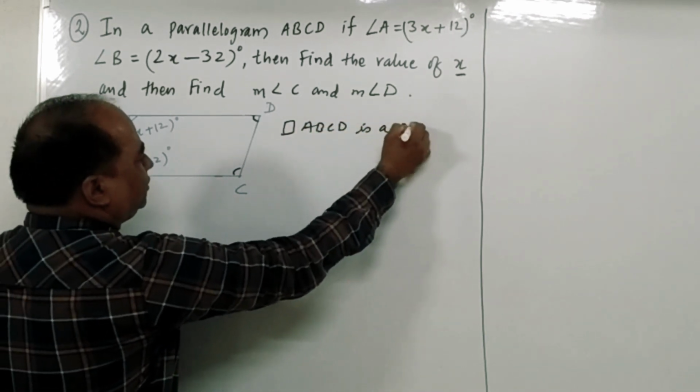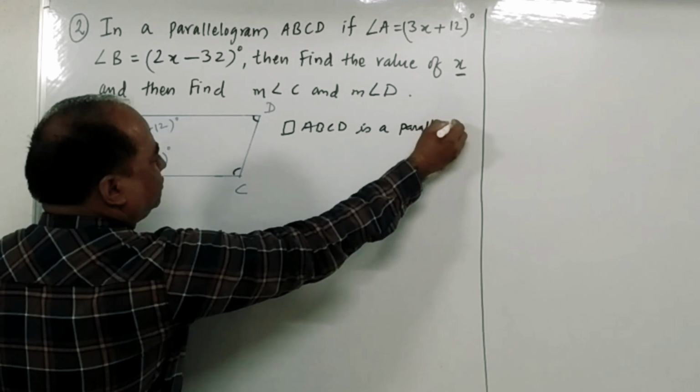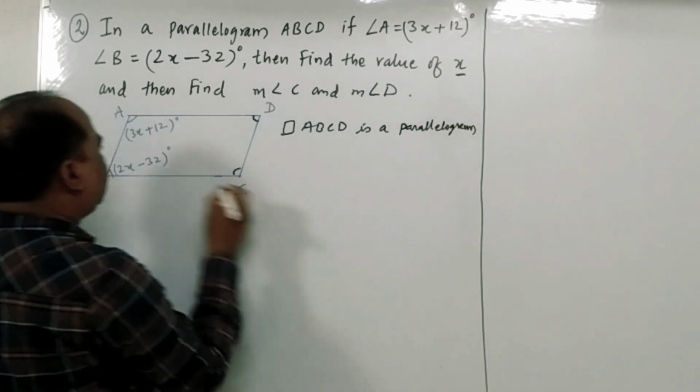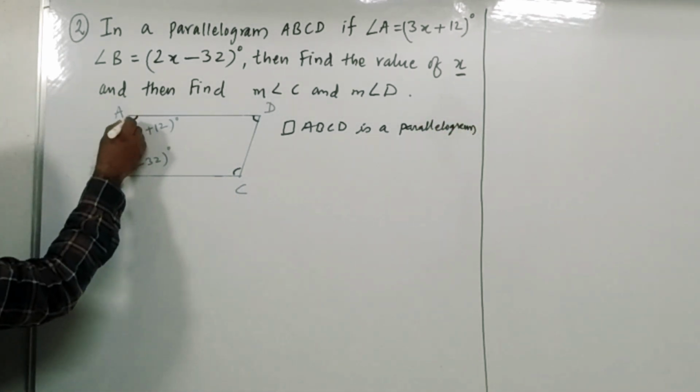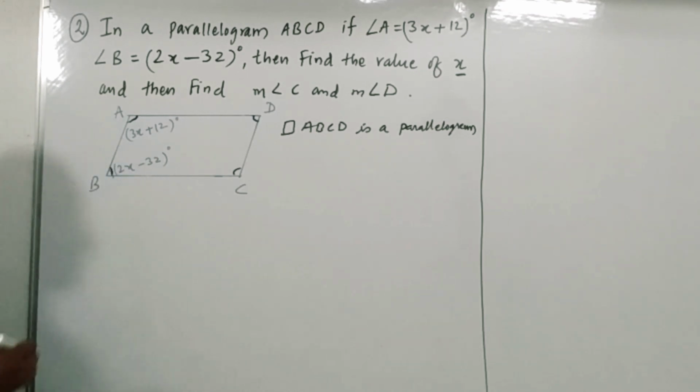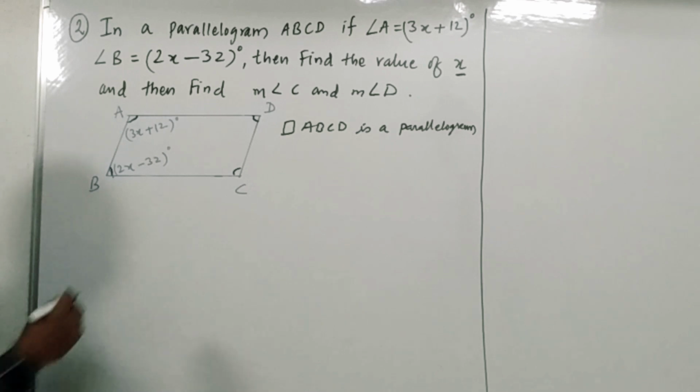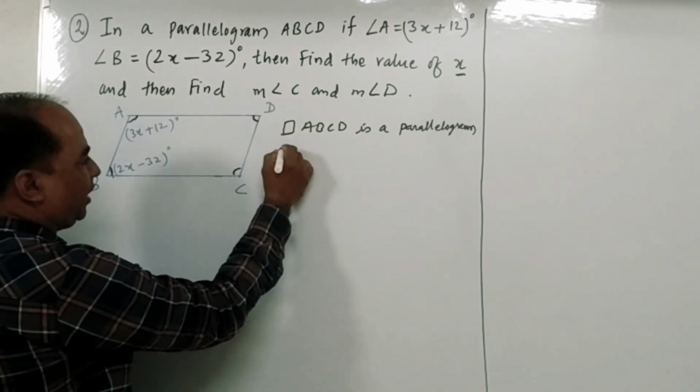Quadrilateral ABCD is a parallelogram, and we know the property of parallelogram that angle A and angle B are adjacent angles.